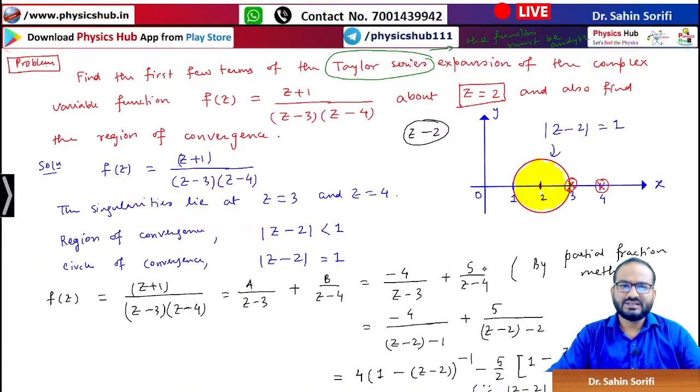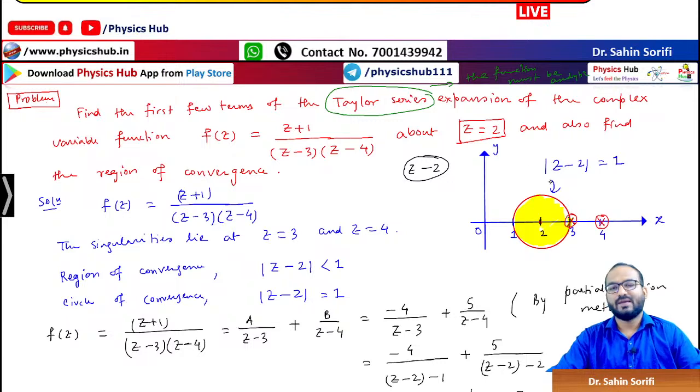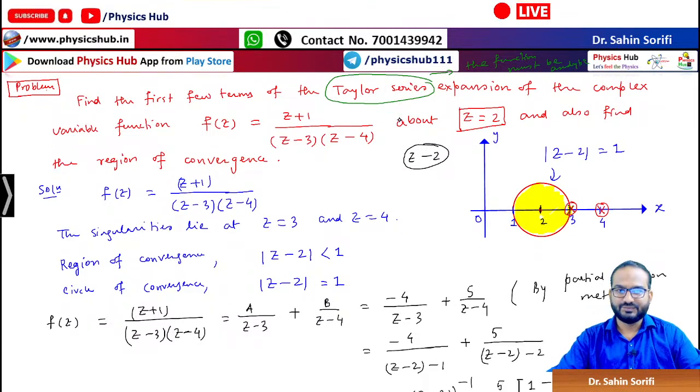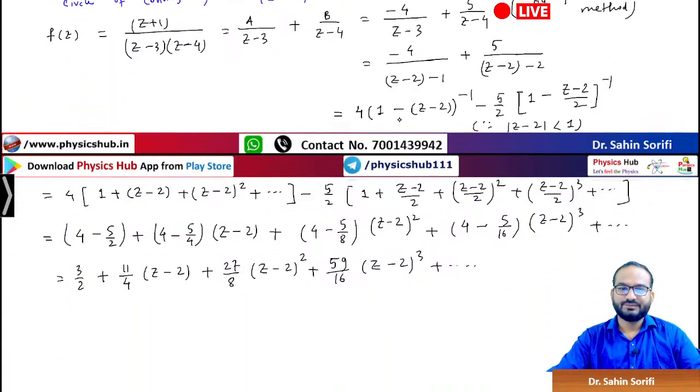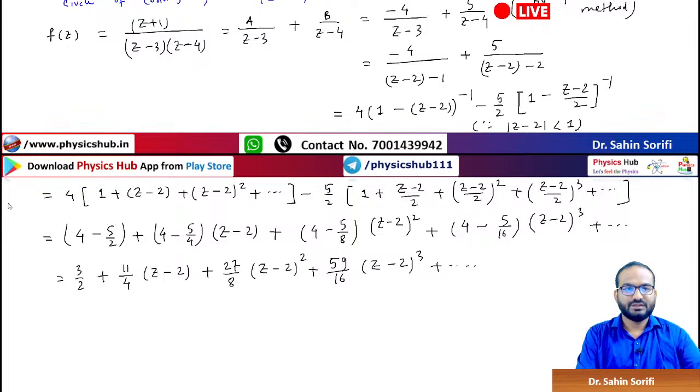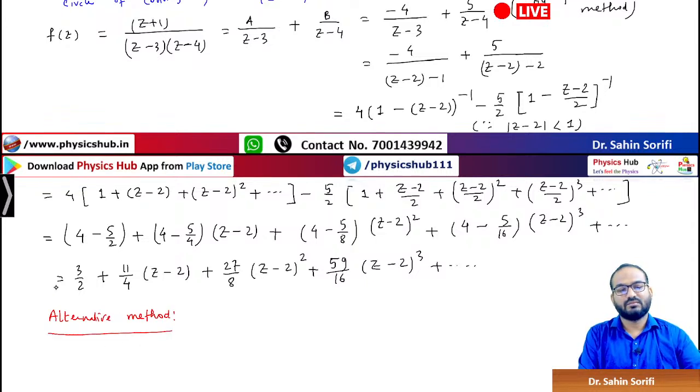Now let's say if you want to apply the original Taylor series formula, then what can you do? Let's say an alternative method, you can reach the same answer by taking up the alternative method. Here we have taken up the binomial approximation or binomial expansion method.